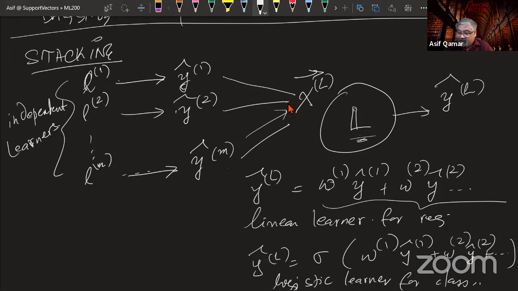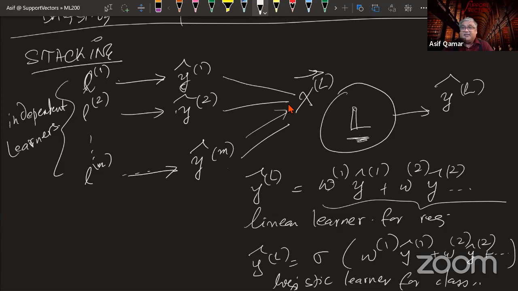What does the last level learner do? It treats the predictions of each of the learners as its input and says, can I see a pattern in the way they're predicting and the strengths and weaknesses in the prediction? Maybe some learner is predicting well in some region and not in other regions of the feature space. So can I do a further learning on the learners themselves?